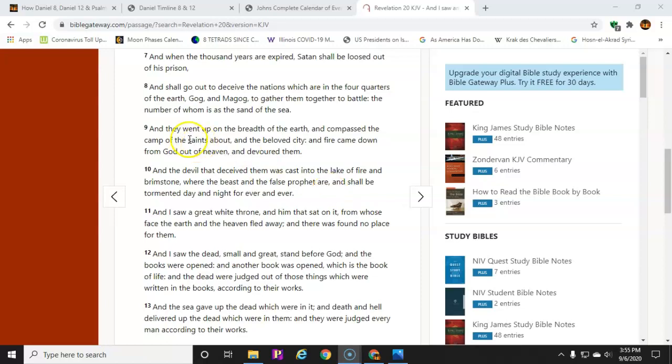God, in Revelation 20, verse 9, once they encompass the saints' camps, fire from God out of heaven comes down and devours them. They are not buried as they are in Ezekiel 38-39 for 7 months. These people are destroyed, okay, by God's hand.